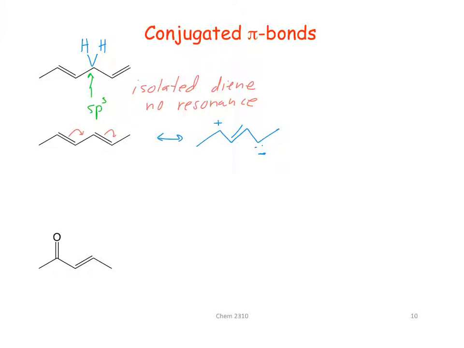Okay? So even though between these 2 structures, this one is definitely more stable, this one over here suggests partial double bond character for this carbon that looks like it's between the 2 double bonds.